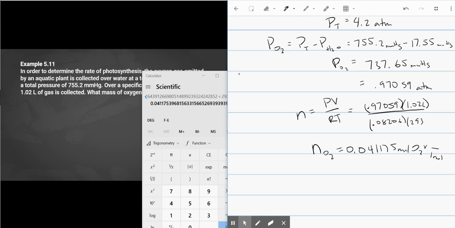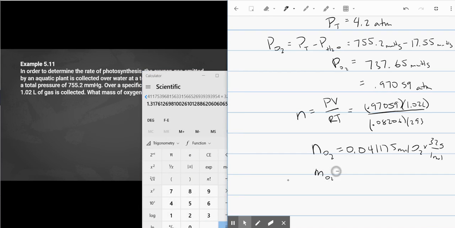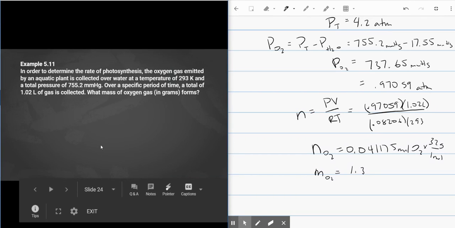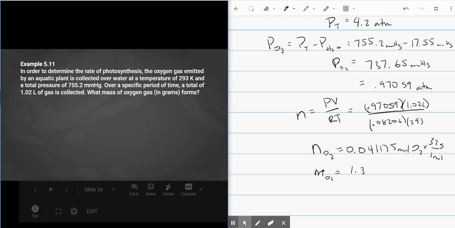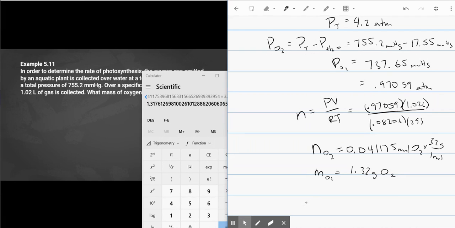One mole of O2 is 32 grams. So times 32 equals, and the mass of O2 is 1.3. How many sig figs do we have over here? Looks like we have 3 sig figs. So it's going to be 1.32 grams of O2 from photosynthesis.